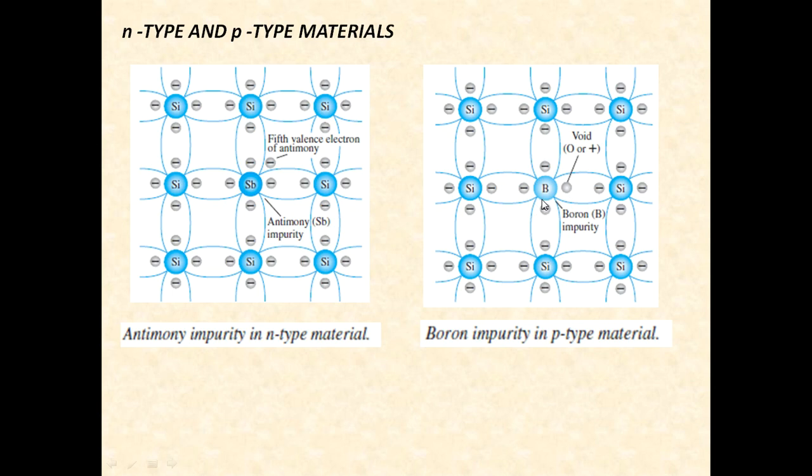This is a very tricky concept which is usually confused. So I tell the students to concentrate on the fundamentals and try to understand the concept of hole movement. Please understand, a hole is just a vacancy.